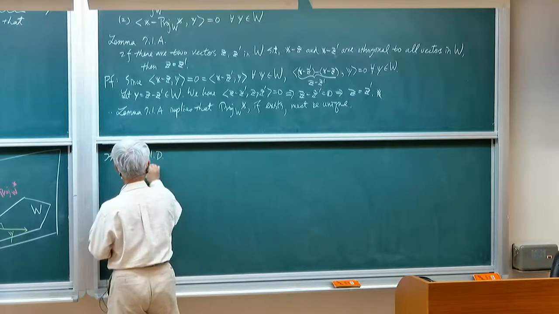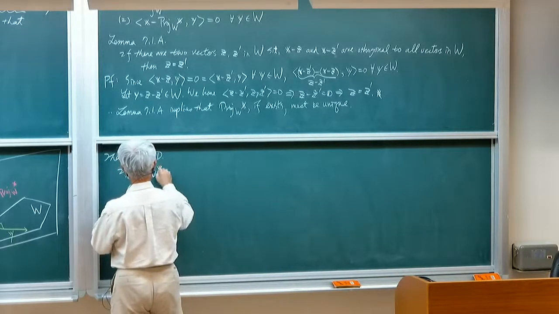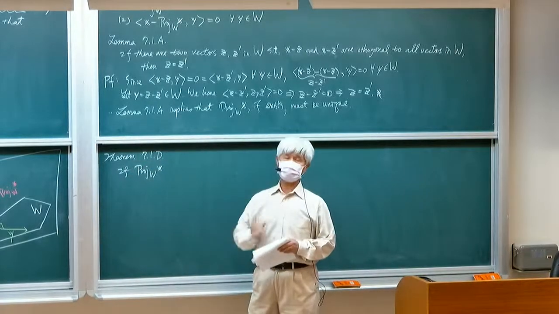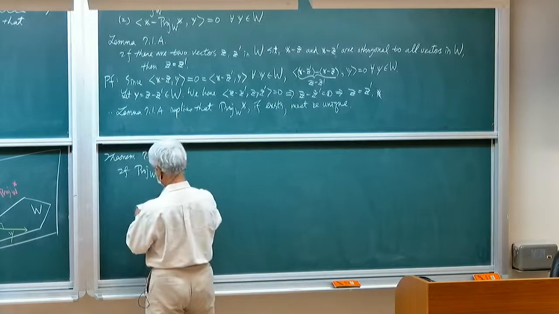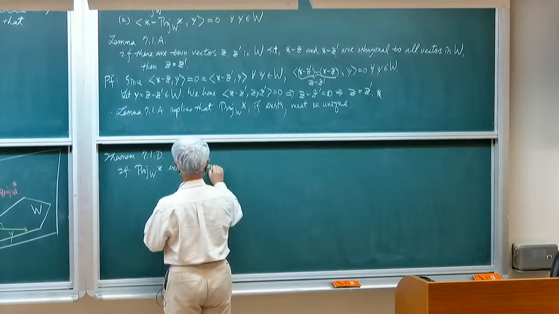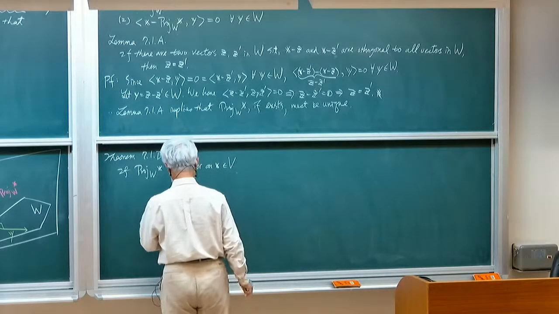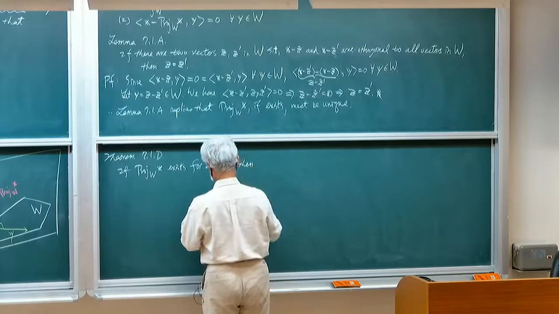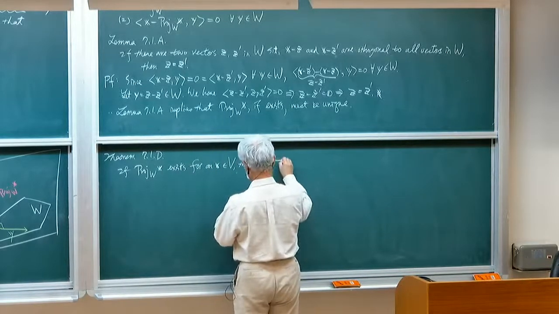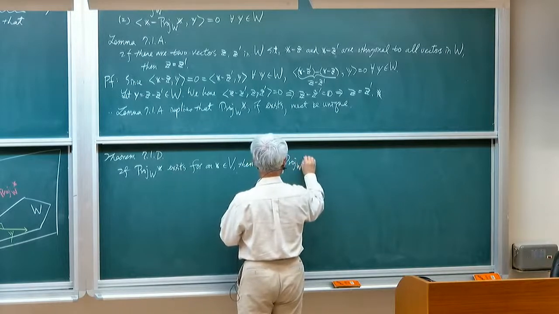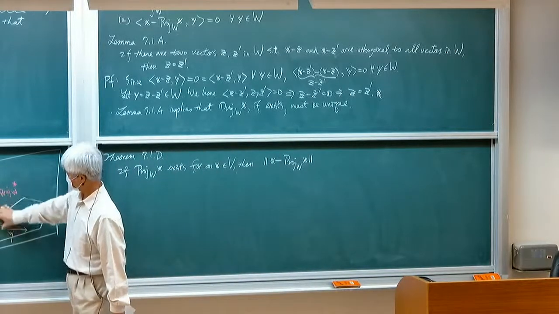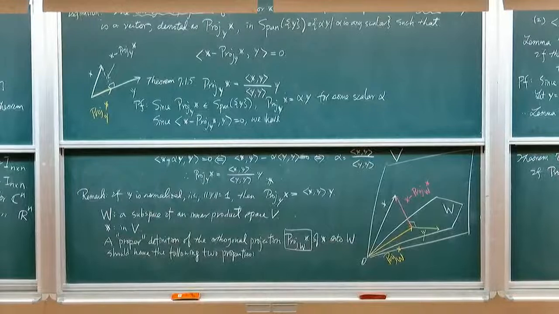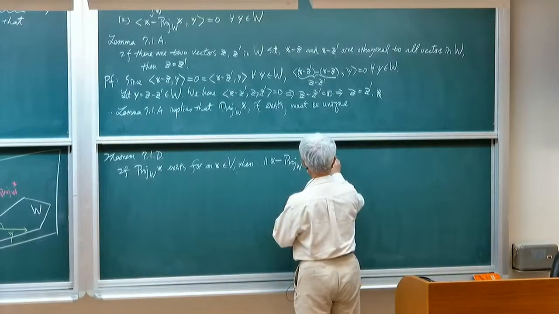If the orthogonal projection of a vector x onto a subspace W exists for an x in the inner product space V, then this vector has the minimum value.